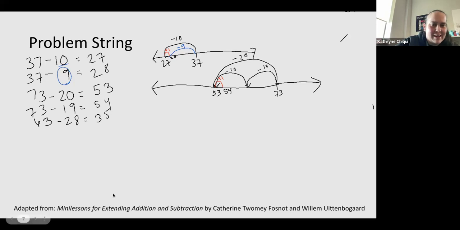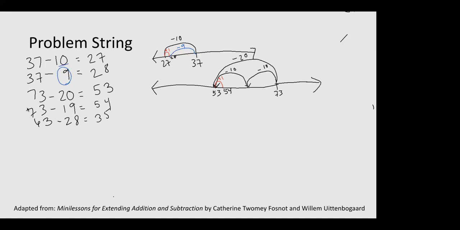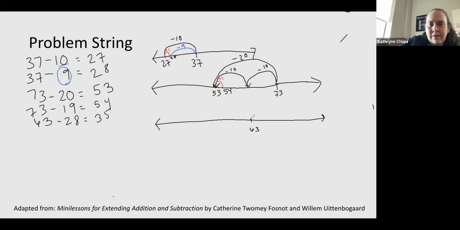All right, let me see here. Susan, I haven't heard from you yet. Would you unmute and talk to me about how you solved this? Oh, sure. 63 minus 28. I think in my mind, I rounded 28 to 30 and did that in my head, and then added 2 back. So you rounded 28 to 30.